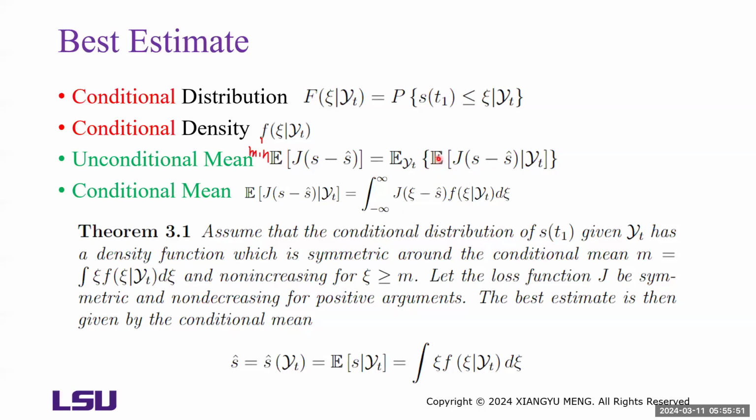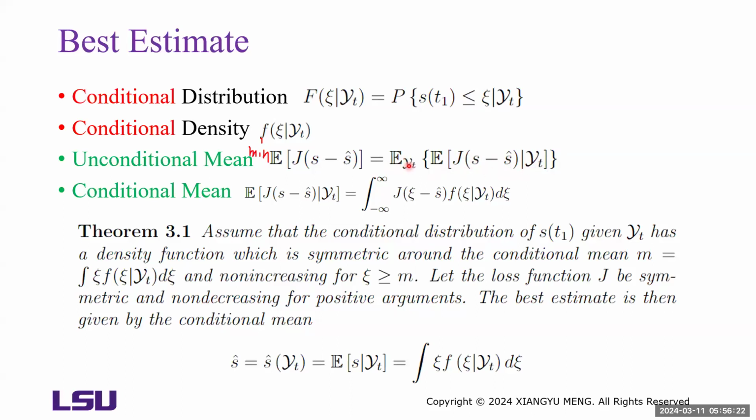The first expectation is with respect to S. We know S is a random variable. So this is the average of the loss function J(s minus x hat) conditioned on the realization Y^T. The Y^T here is not a random variable anymore. Given the realization, with all available information, we want to minimize the average of J(s minus x hat).